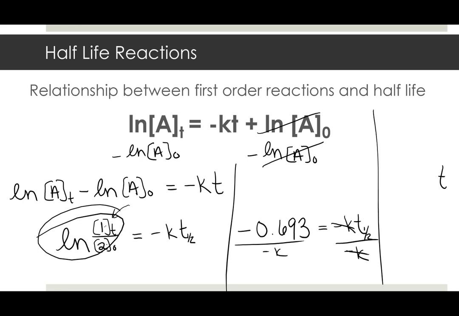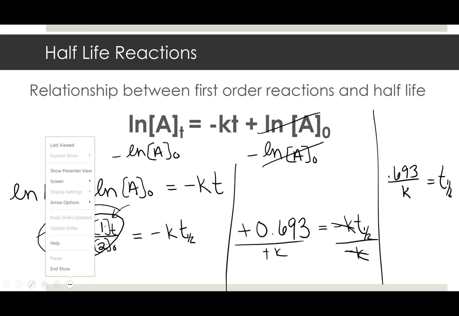Over here, we're left with t, and that's t 1/2. And then these negative signs cancel out, negative on top, negative on bottom. And so we get an equation that looks like this: 0.693 over k will give us the half-life. Very useful little equation here.